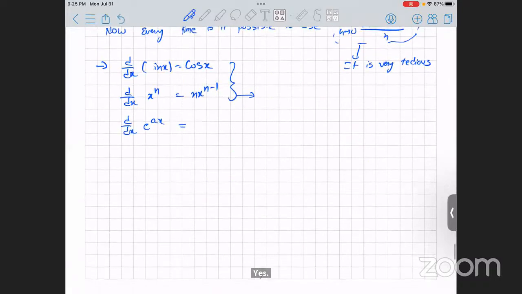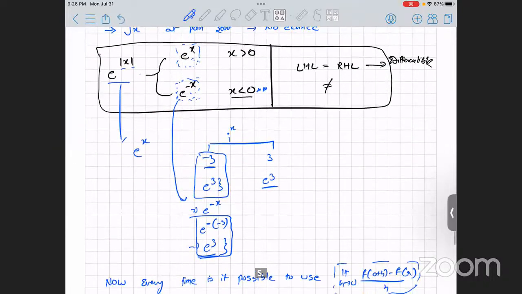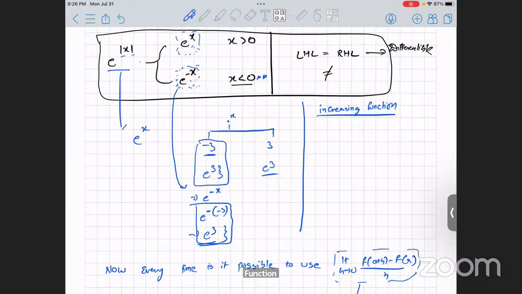Let me do this. E power a into e power a. When can you say that the function is increasing? Increasing function means the first derivative, f dash of x, is greater than 0.